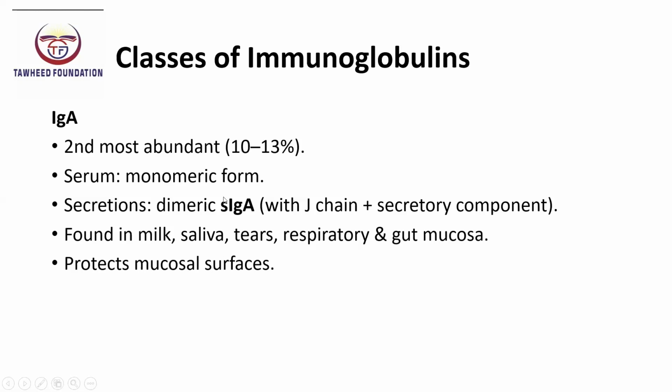So as IgA does not cross the placenta, but breast milk provides IgA to newborns, which protects them against gastrointestinal infection. As you can see, for newborns, it is not advisable to give outside milk. That is why breast milk is provided, to protect children from gastrointestinal infection.